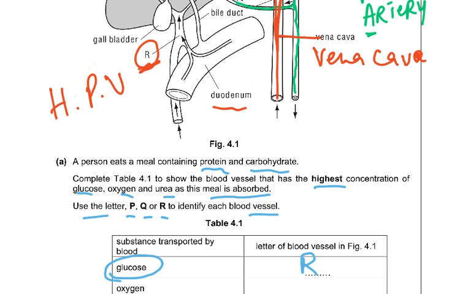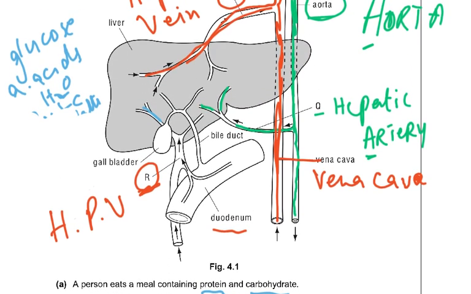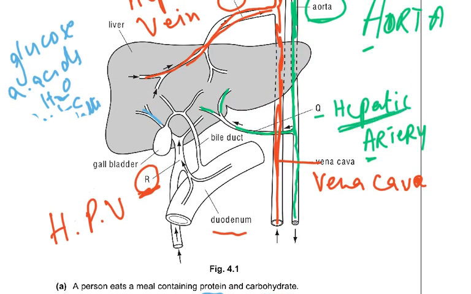Now oxygen, we only want to talk about P, Q, and R. So where is oxygen going to be in the highest amount? It's going to be in Q. Why Q? Q is the hepatic artery. The hepatic artery arises from the aorta. The aorta carries oxygenated blood to the entire body. So any artery arising from the aorta is going to be rich in oxygen because the pulmonary vein has brought it back to the left atrium, and then the aorta arises from the left ventricle.